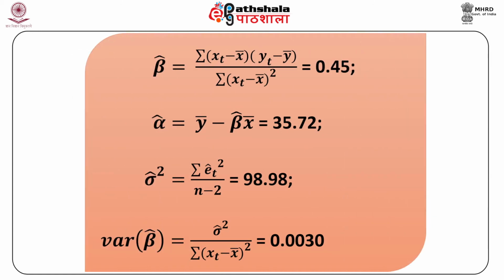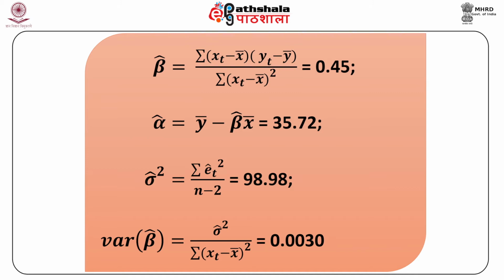Having calculated all these, we substitute these values for beta hat, which is defined as sigma of xt minus x bar into yt minus y bar upon sigma of xt minus x bar whole square, and we get the value equal to 0.45. Similarly, one can find alpha hat, which is defined as y bar minus beta hat x bar, and we obtain the value 35.72.